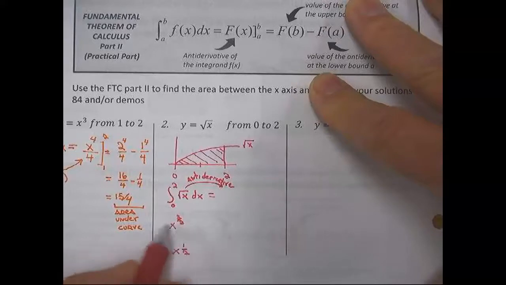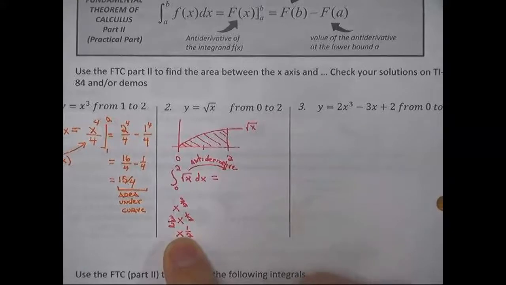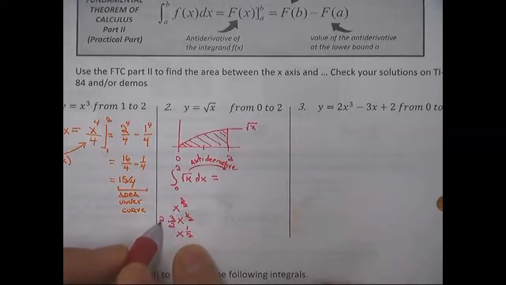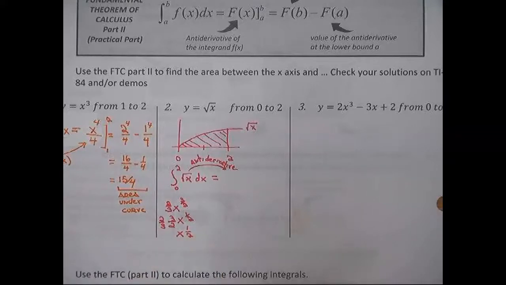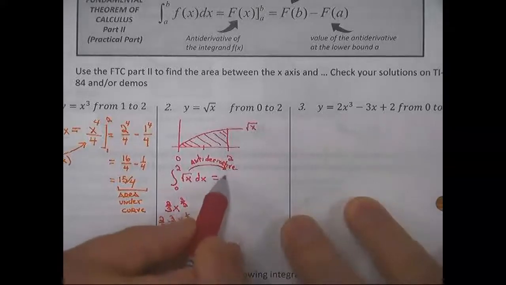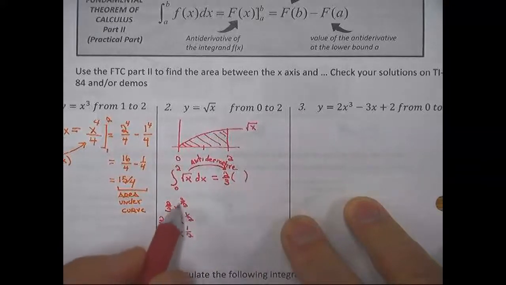If I took the derivative of that, I'd have 3/2 x to the 1/2, but I want it just to be 1/2. So we'd have to multiply by 2/3. So this original would have to have a 2/3 in front of it. You follow? Okay, that's your antiderivative then. 2/3 x to the 3/2.